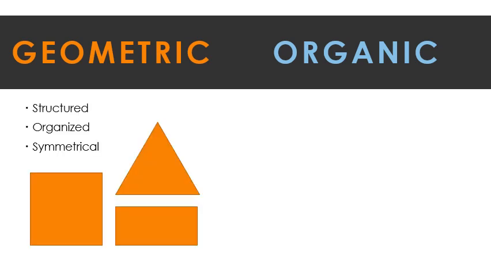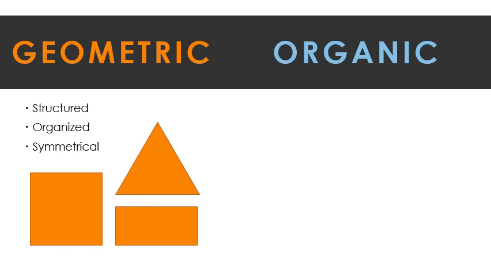Just enjoy the shapes. Okay, so there are two basic types of shapes: geometric shapes and organic shapes. Geometric shapes are basic shapes like squares, triangles, circles, and straight lines.